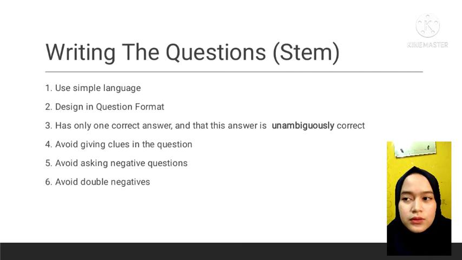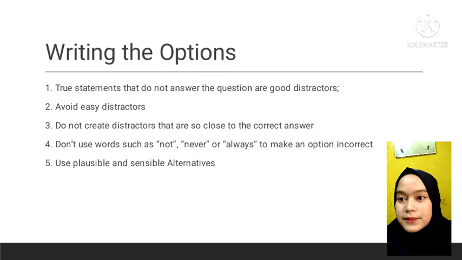We shouldn't use the double negative because it is potentially confusing or misleading the participant completely. If a participant cannot understand the question, of course, their answer will be meaningless and the resulting data will be useless.